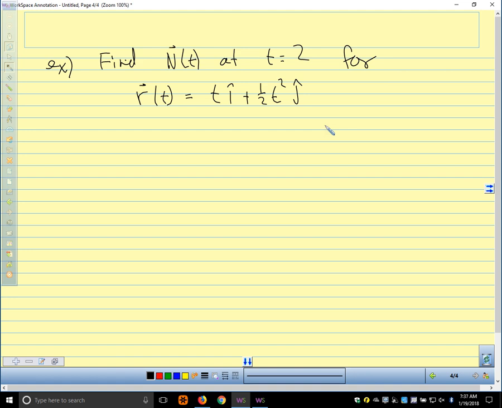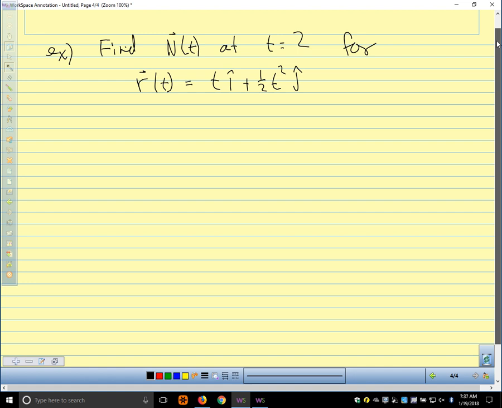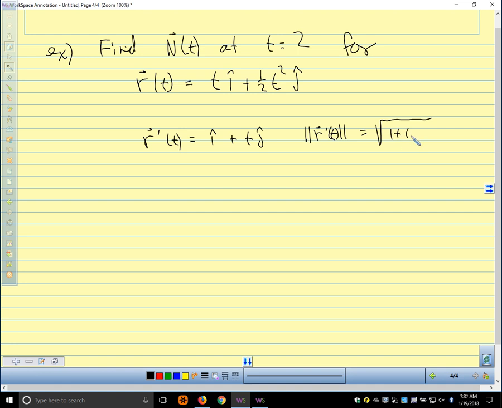Well, let's take a look at finding our principal unit normal vector for this path. r prime is i hat plus t j hat. Magnitude of r prime is the square root of 1 plus t squared.